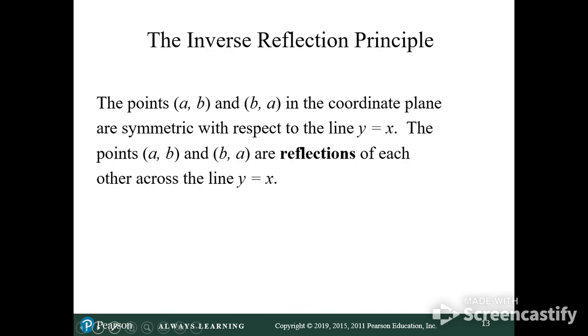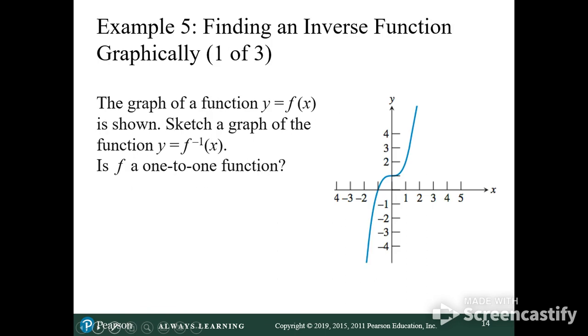All right, the reflection principle. Everything on the inverses reflect around the line x equals y. So here's a function that we want to find the inverse. The line x equals y goes like this. And if we reflect around that, okay, this point goes to here.